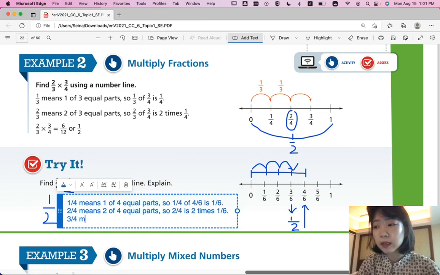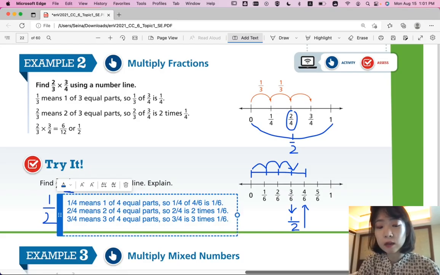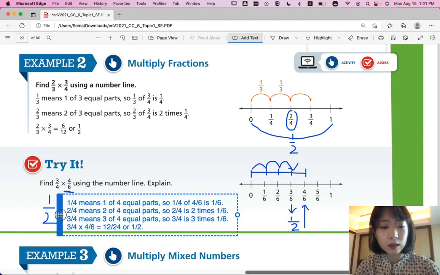And 3/4 means 3 of 4 equal parts. So 3/4 is 3 times 1/6. So you can say 3/4 times 4/6 is equal to 12/24, or 1/2. This is another way to solve it.